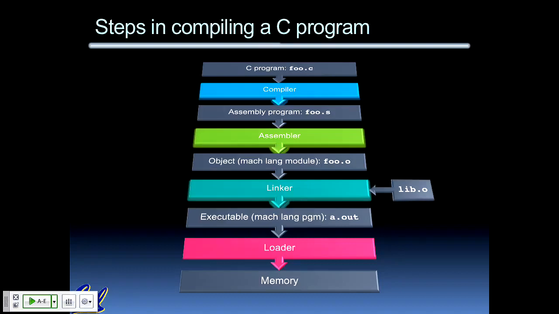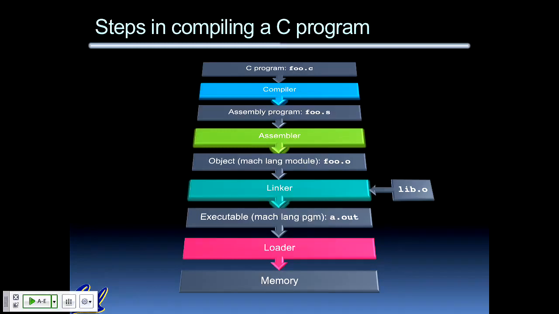What we're going to do now is go through all the steps that happen in compiling a C program and actually having it loaded and run in a system. Okay, so starting at the top, you have the text file, foo.c. We go through a compiler, we get an assembly program out. We then go through the assembler, which takes the assembly program and produces an object file, which is a low-level machine code representation of that one source file turned into machine code.